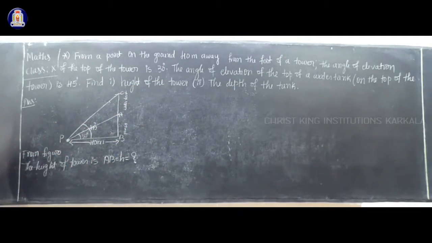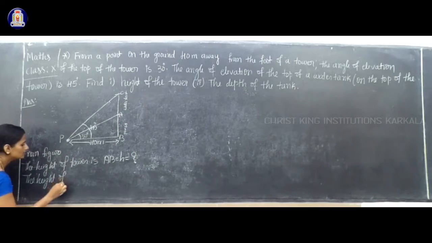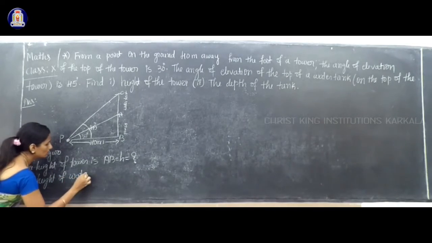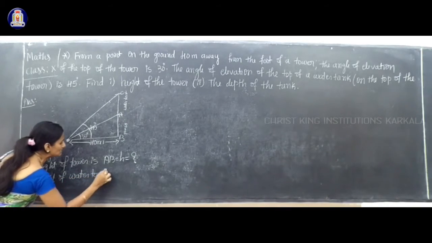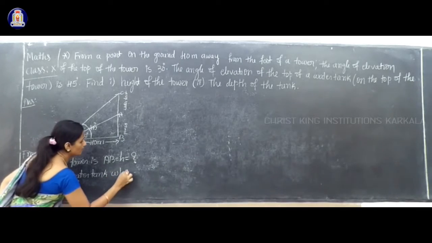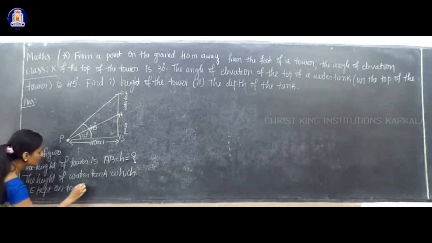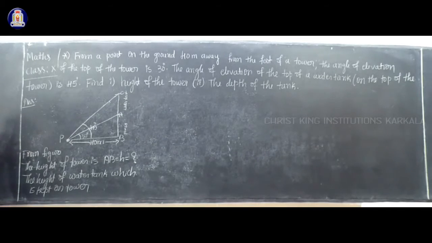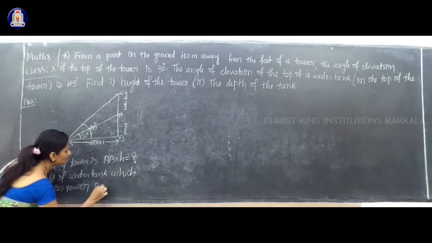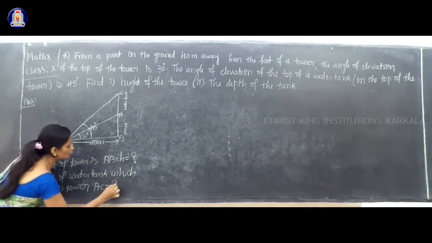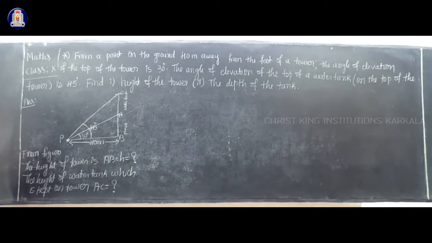Next, the height of the water tank which is kept on the tower. What is the height or depth of the water tank? It is equal to AC. That is your question mark.